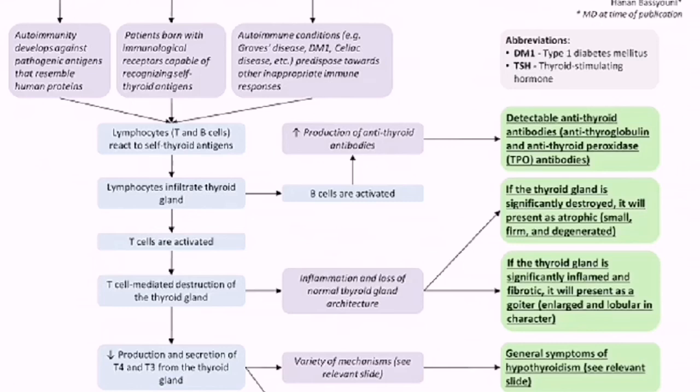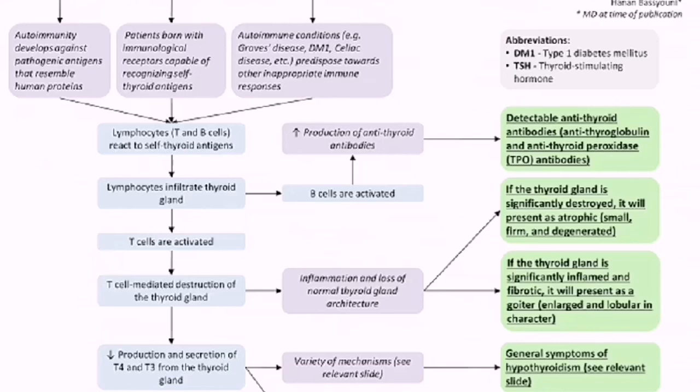You can see here in the T cell mediated destruction of the thyroid gland, there is inflammation and loss of the normal thyroid gland architecture. If the thyroid gland is significantly destroyed, it will present as atrophic, small, firm and degenerated.